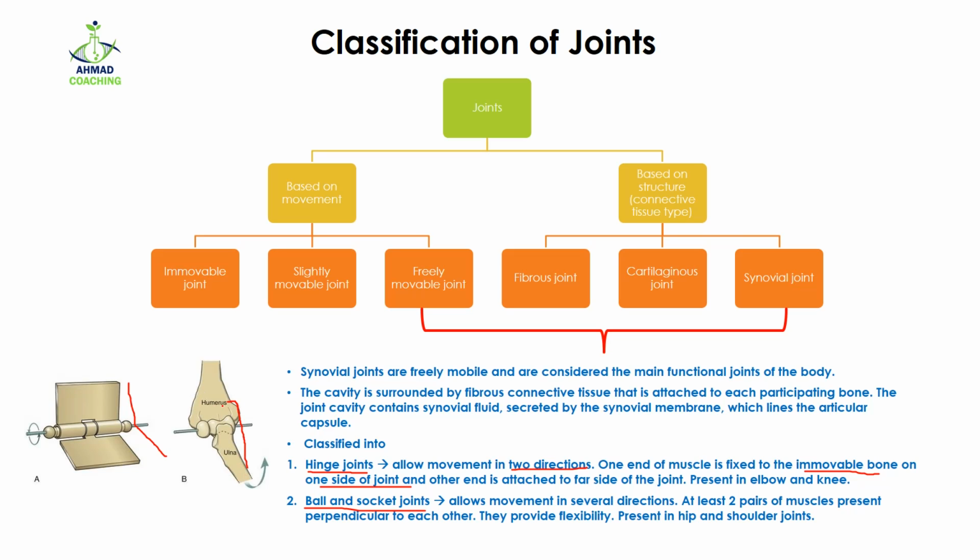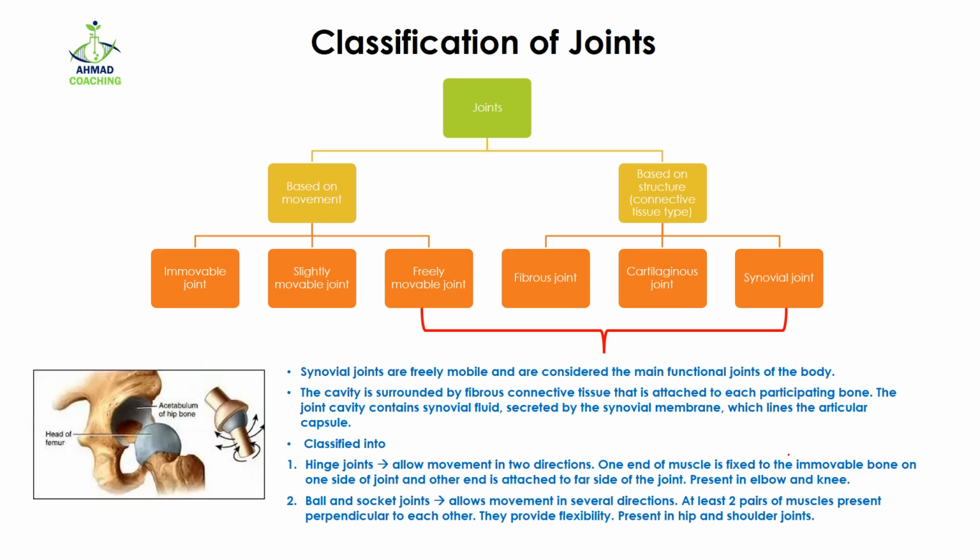In this way it helps in two directional movement. This type of joint is present in the elbow or in the knees, and you can move your arm either away from the shoulder or towards your shoulder. So this is just two directional movement.